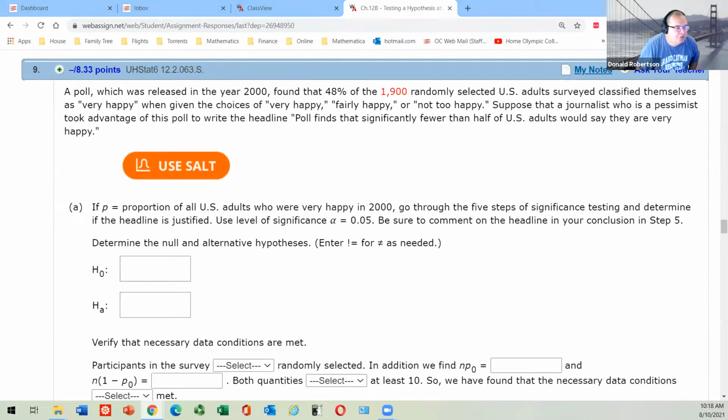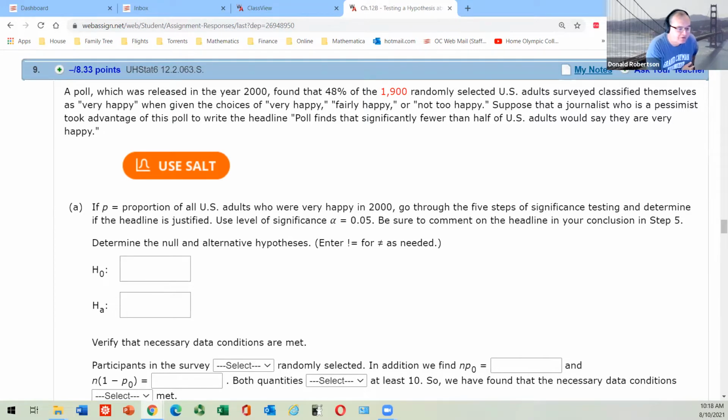Now, the English language tends to have nuances on it. When someone says significantly fewer, doesn't that make you think it's a lot fewer? But when we say something is significant in statistics, don't we just mean that it's evidence to prove it's true? But couldn't that significance be quite minor? Like it's just 1 shy of 50% or a couple of percent. So the usage of that word significant in statistics, that is a correct statement, probably.